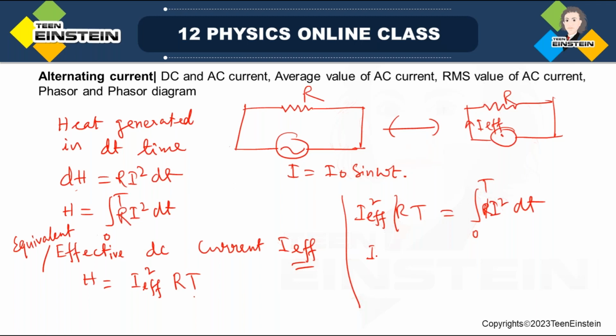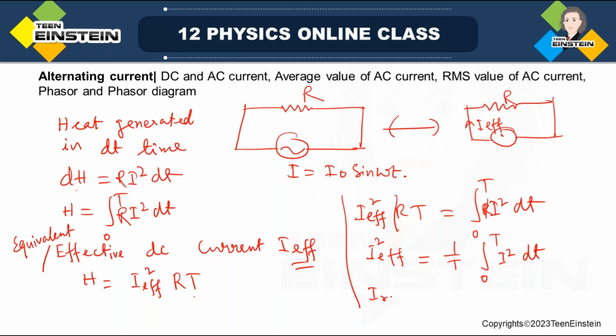So I can write IEFF is equal to 1 over T, integration from 0 to T of I square dt, all under a square root.